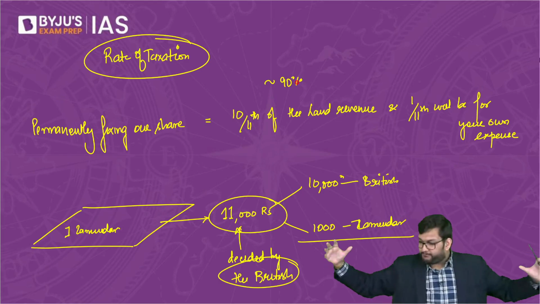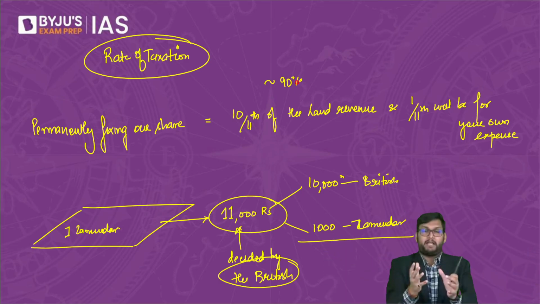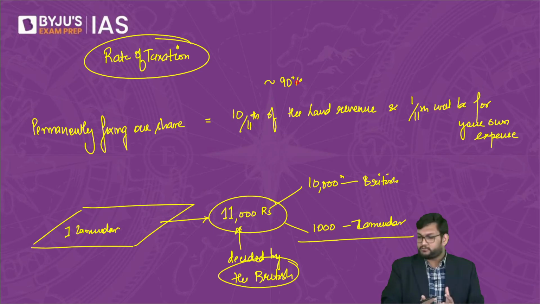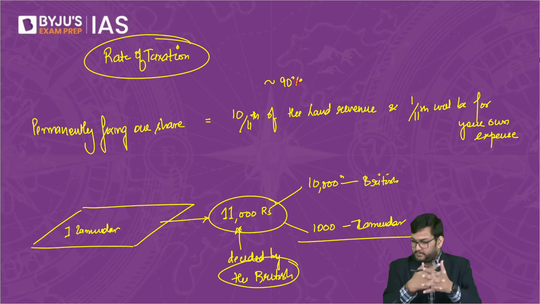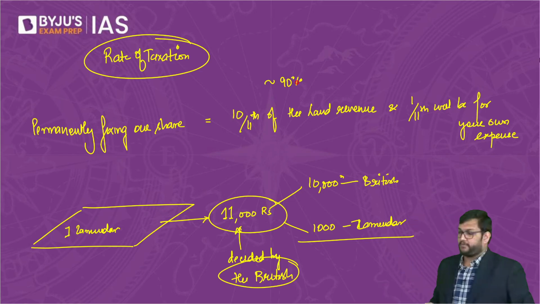So if I bring these two things together, I give you the permanent settlement. Can I do this to you? I've told you the structure and I've told you the rate of taxation. Can I bring these two things together? Great. Perfect. So what is the permanent settlement?